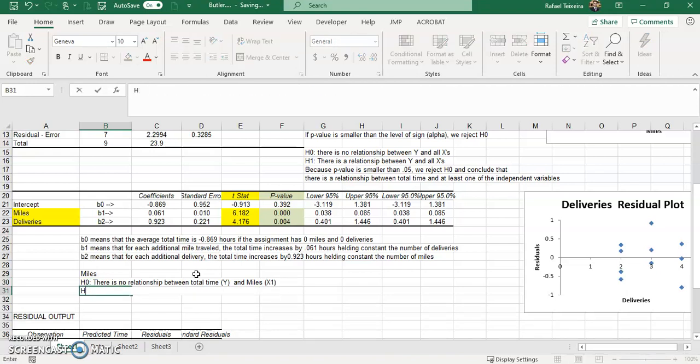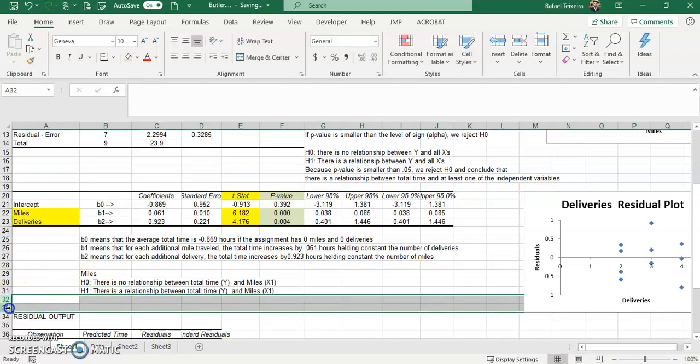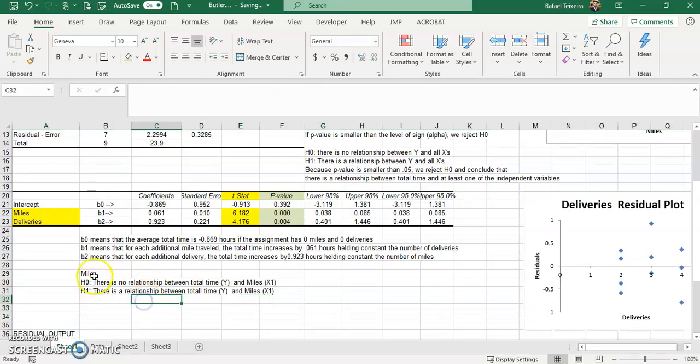The alternative hypothesis is that there is a relationship between total time, which is our dependent variable, and miles, which is our x1 variable. Okay, so this is our null and alternative hypothesis for the independent variable miles.